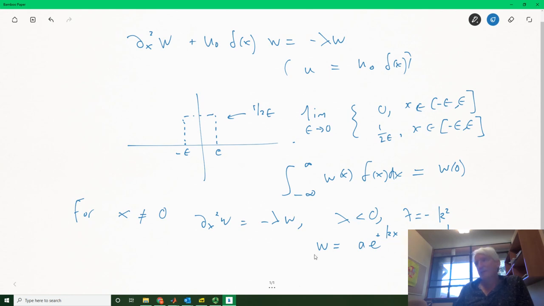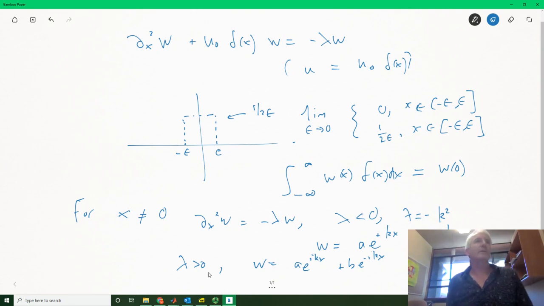If lambda is greater than 0, then we're going to get w is a e to the i kx plus b e to the minus i kx. I'm going to stop there and then we'll carry on and try to solve it for these different cases when lambda is less than 0 and when lambda is greater than 0.